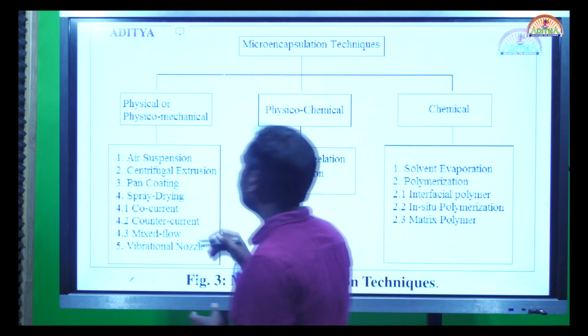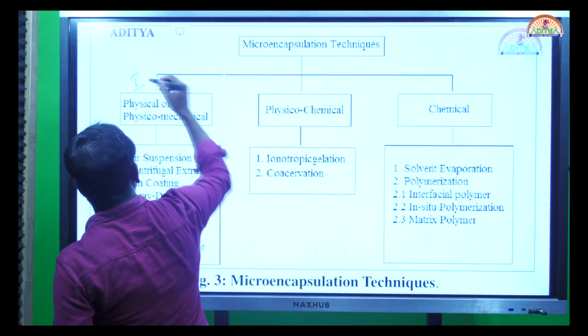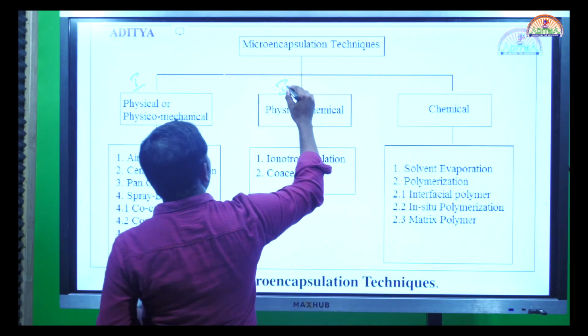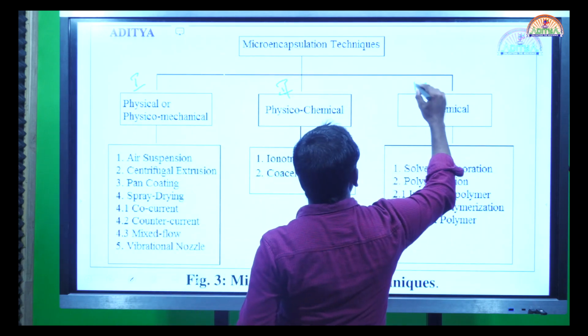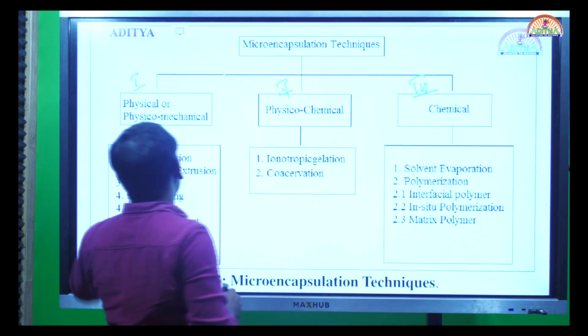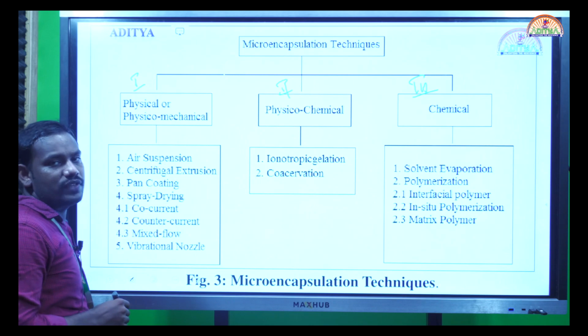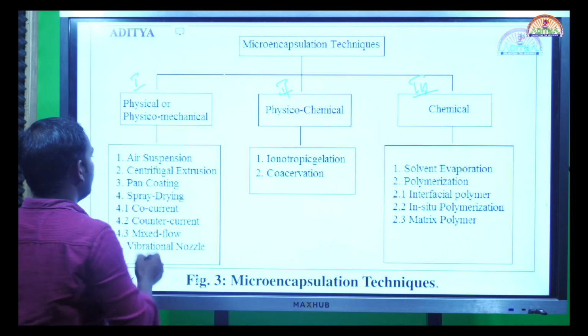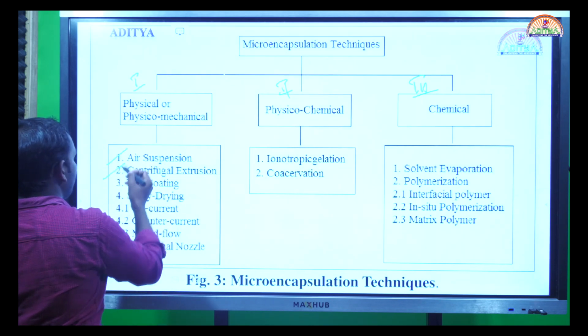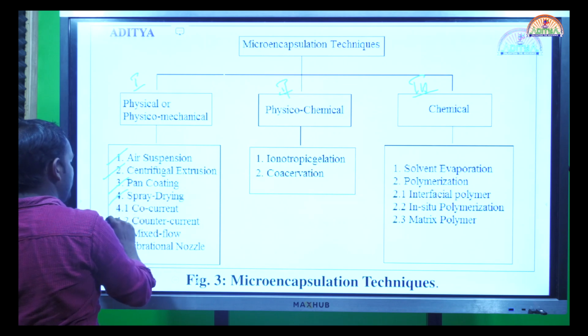They are mainly divided into three: physical, physicochemical, and chemical techniques. Physical methods are quite popular. What are they? Air suspension process, centrifugal extrusion, pan coating, spray drying.